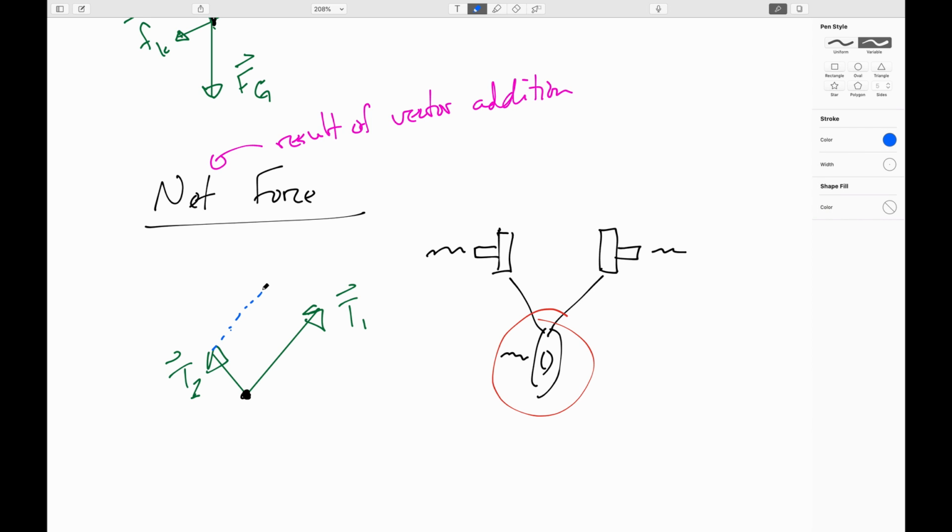So we will finish off the parallelogram, something like that. So then the net force will point like that. So this isn't a different force. This is just the vector sum of the forces that were acting on the ship.